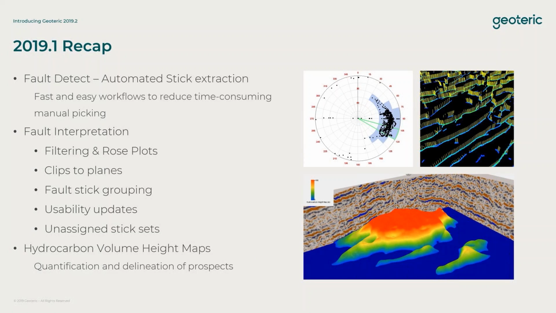Fault stick grouping and unassigned fault sticks were brought in just to better manage all your fault sticks within your project. There were some other usability updates as well. Hydrocarbon volume height maps were brought in as a delineation of your prospects and to give you a quantitative idea of your prospect.